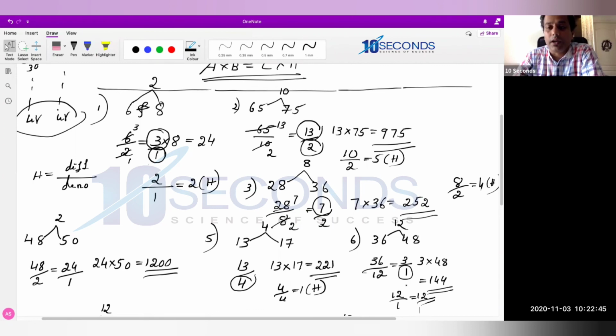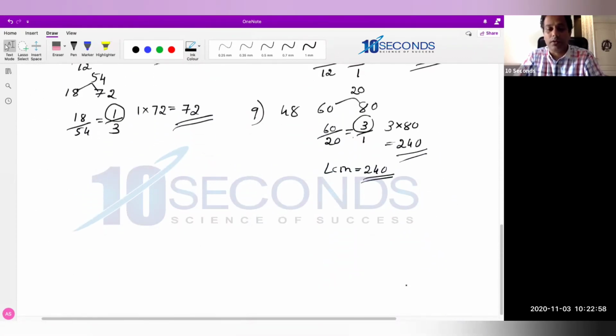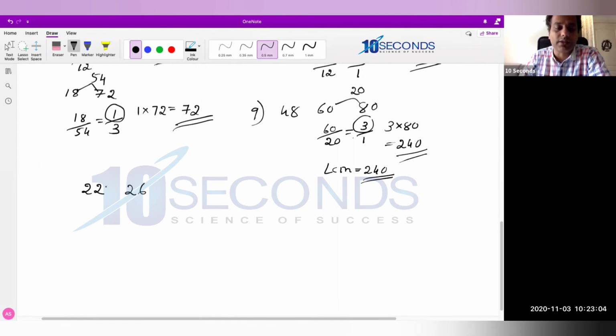So let me take one more example and quickly explain it one more time. Both LCM and HCF together. We'll do it once. Say 22 and 26. Both LCM and HCF, remember.